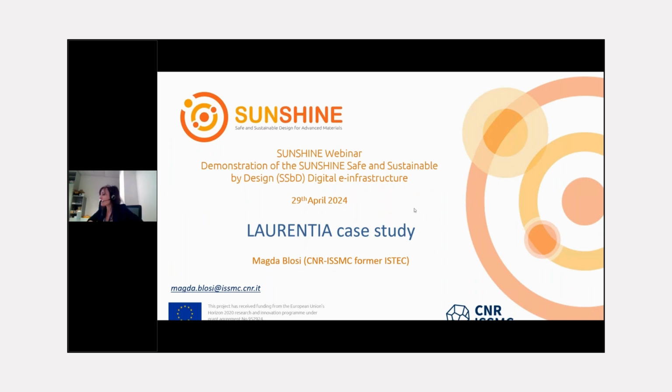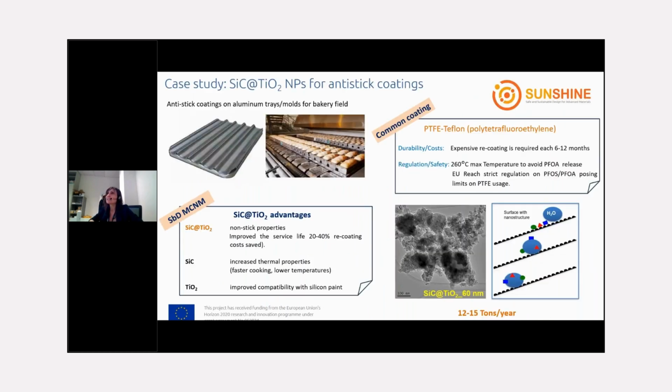I'm the case study lead for the Laurentia case study that deals with anti-stick coatings for aluminum molds for the bakery field. Currently, the most used anti-stick coating for this field is Teflon, a PTFE polymer.